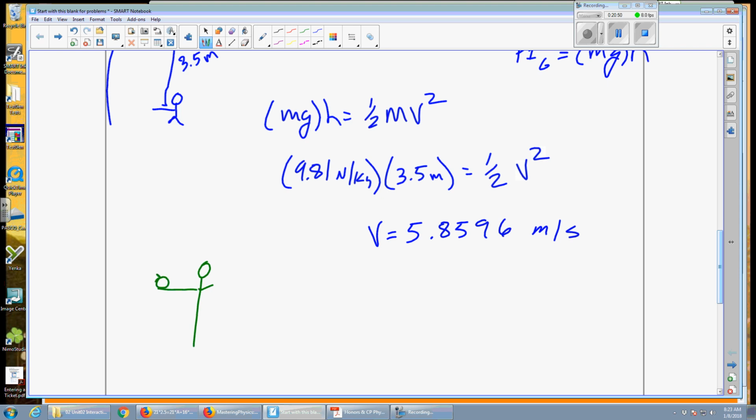When the person's hand is in contact with the apple, there's an impulse down from the apple on the hand. There's an impulse up of the hand on the apple. And I know those are equal and opposite.